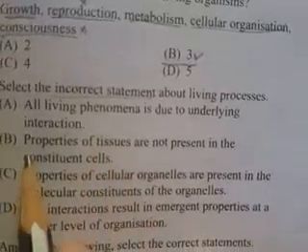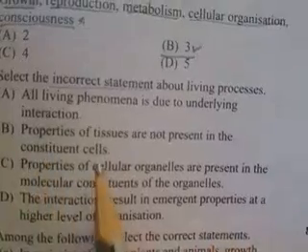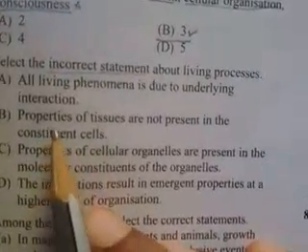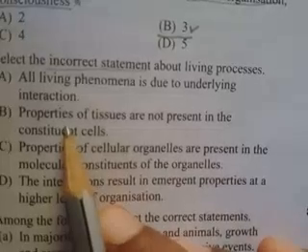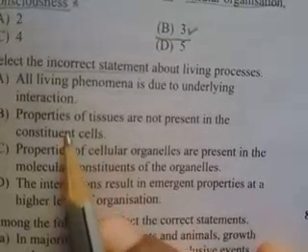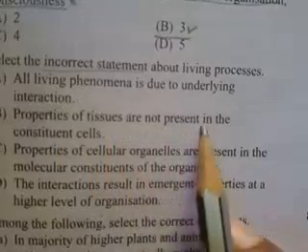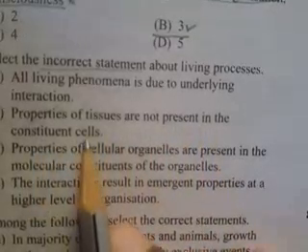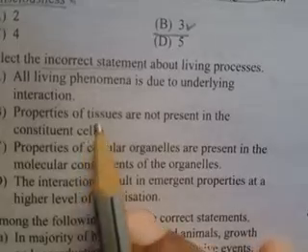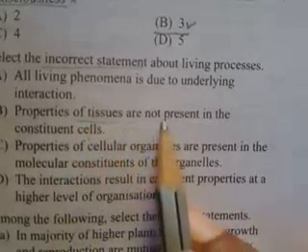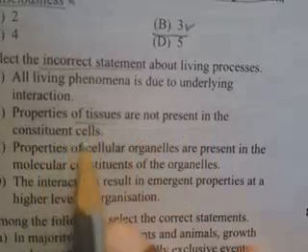Next, the next option given here: the properties of tissues are not present in the constituents of cells. See, the properties of tissue are not present in the constituents of the cell.